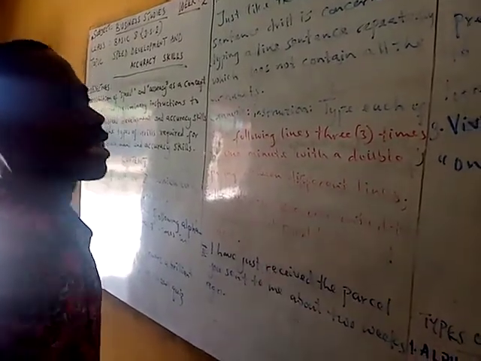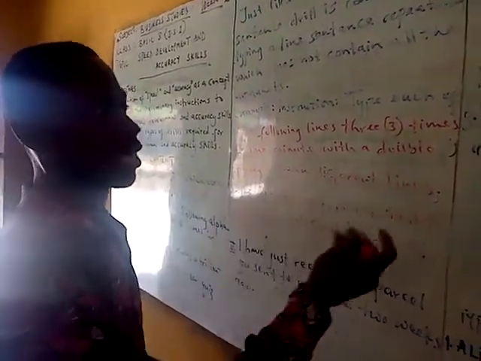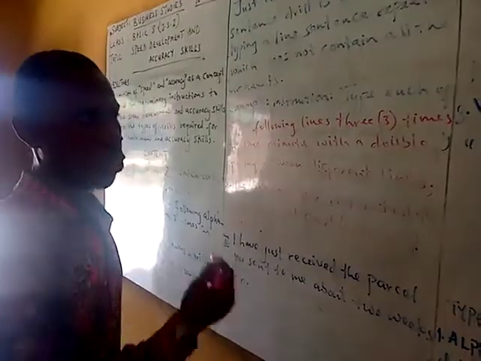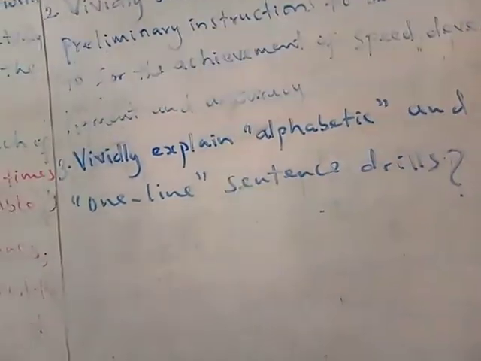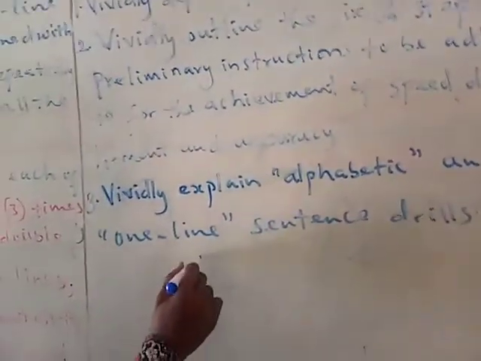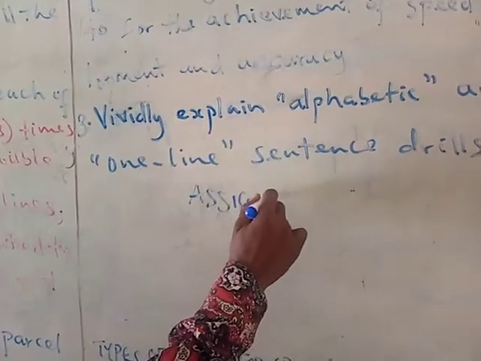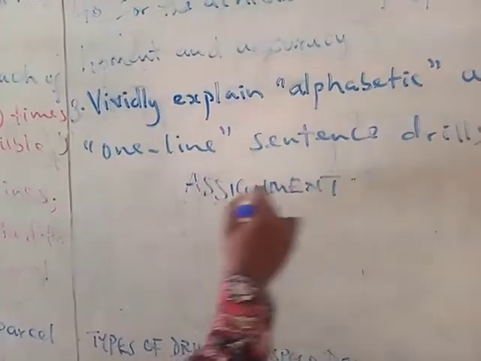Thirdly, it says explain alphabetic and one-line sentence drills, which I've just shown you. As a form of assignment, we are going to do this and look at the solution in the next class.